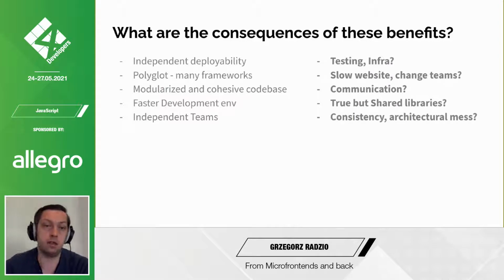And then independent teams, true, but how about the consistency? What do we do with a code base that is different in different places? What about the coding standards? Some people might decide to use JavaScript, the others TypeScript. How do you do that? Do you allow any? In JavaScript, it's pretty natural.